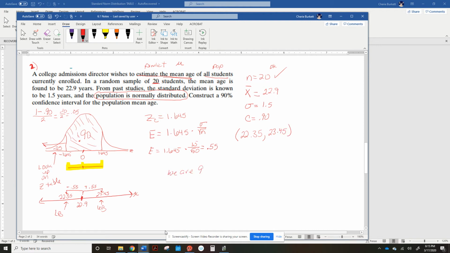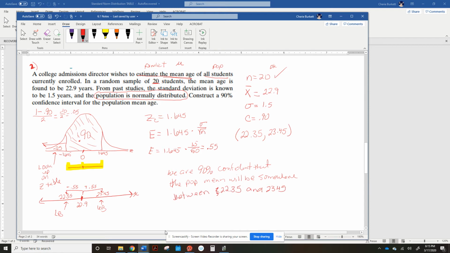We are 90% confident that the population mean will be somewhere between 22.35 and 23.45.